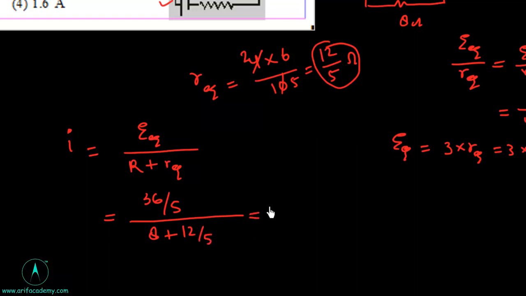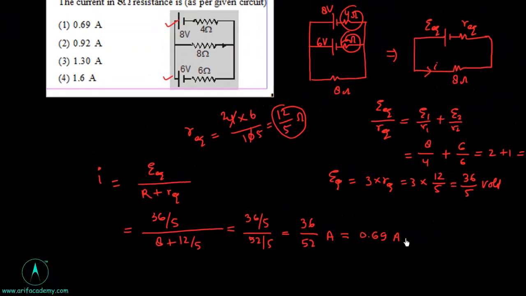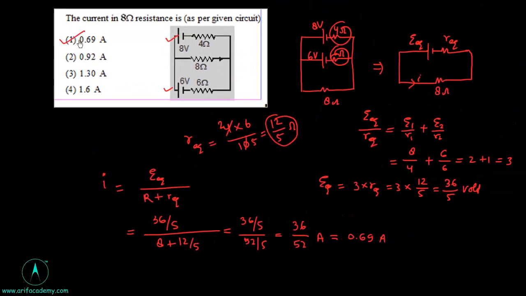So this equals 36 by 5 and 52 by 5, so this equals 36 by 52 ampere, and we can simplify it, and this equals 0.69 ampere. So this will be the answer.